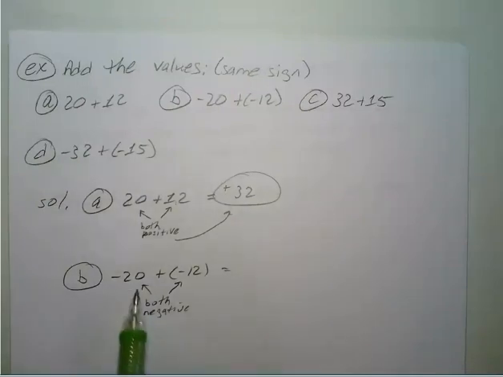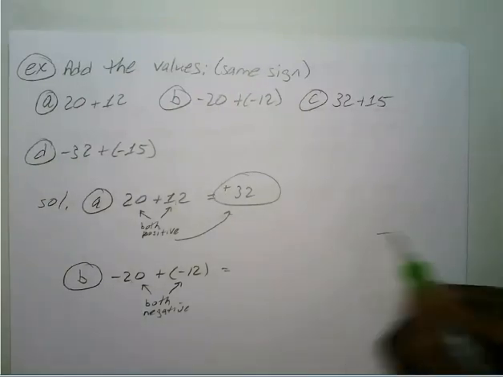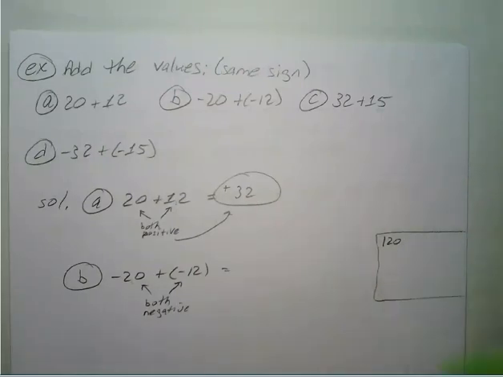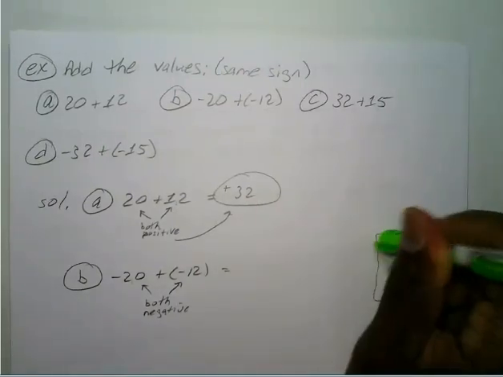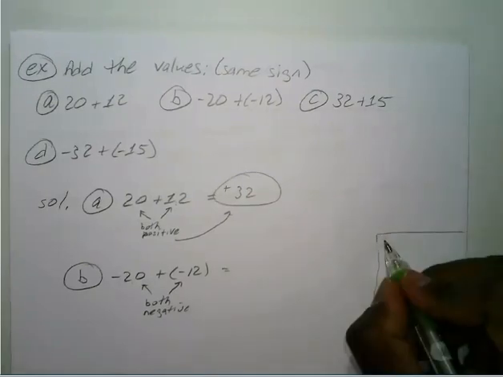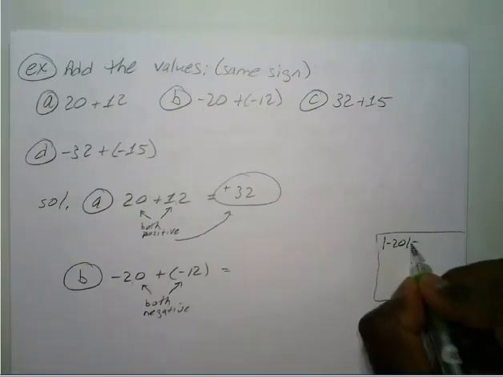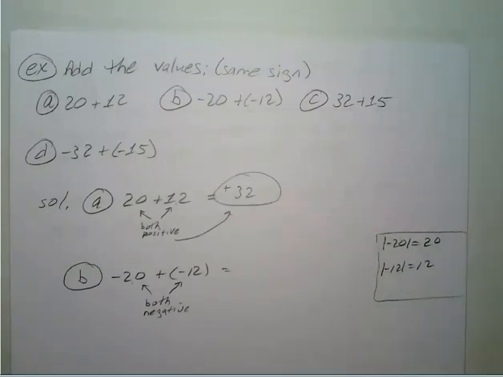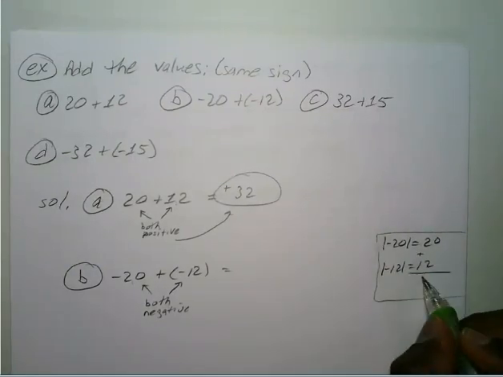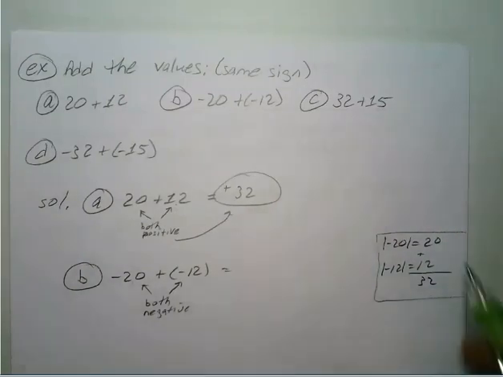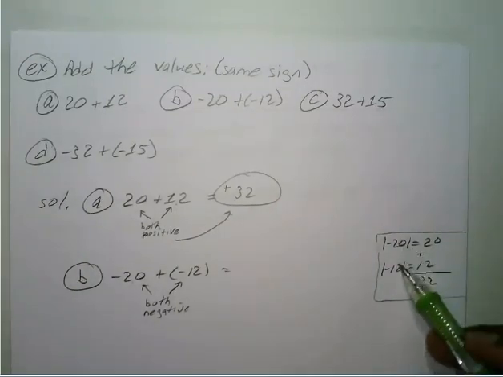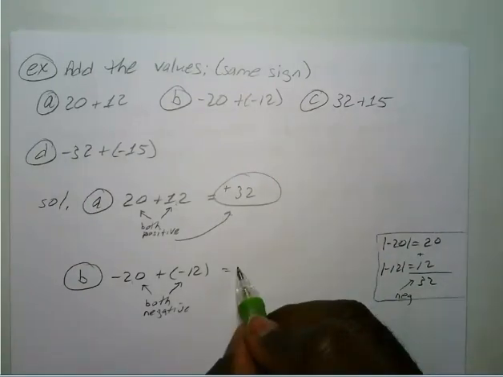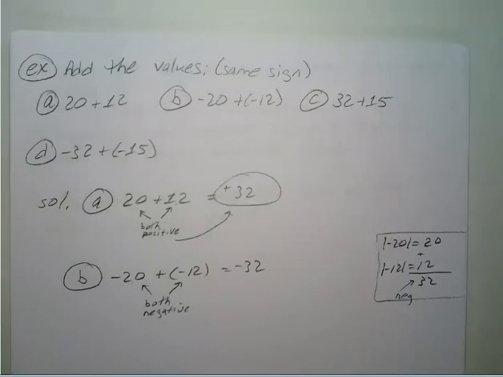Now the absolute value of negative 20 is 20, and the absolute value of negative 12 is 12. So if we add those two together, we get 32. But the sign of both of those are negative, so your answer will be negative. So you end up with negative 32.